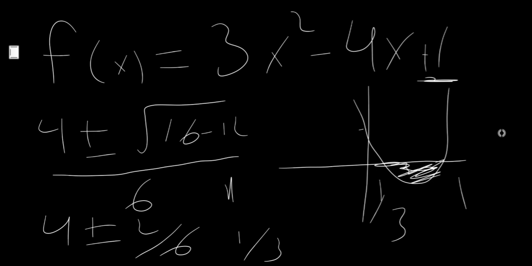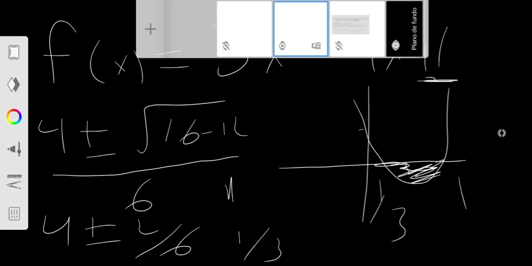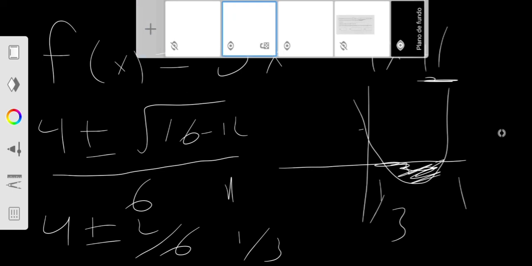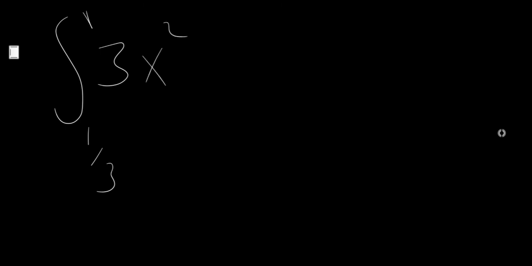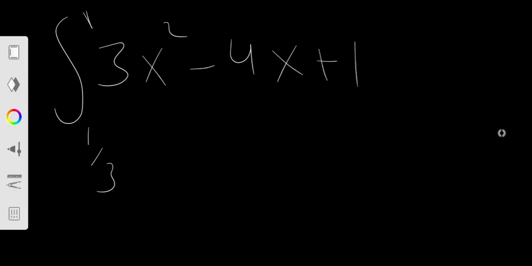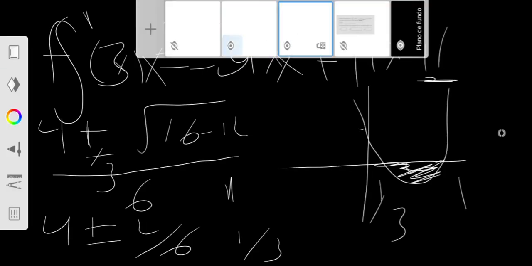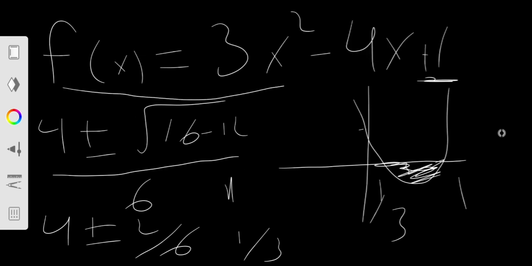Now we know the limits that our integral will take. Our integral is going from 1/3 to 1. And what was the function that we are integrating? Well, 3x squared minus 4x plus 1. Guys, I didn't do any magic over here, okay? It was a second degree function.